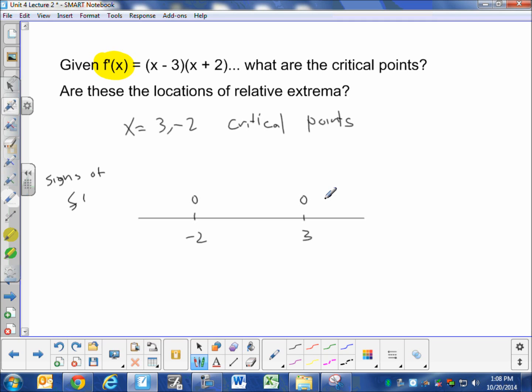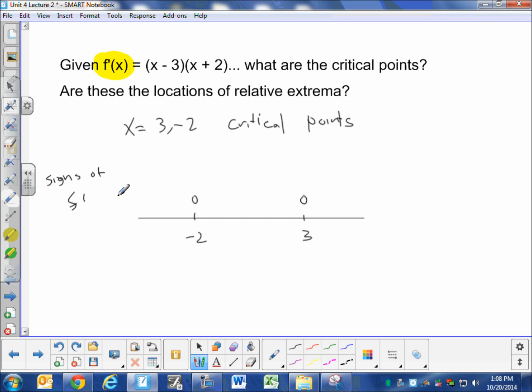All we need to do is test one point to the right of 3. We need to test one point between -2 and 3. And we need to test one point to the left of -2. And we will know the slopes of the tangents for all of those values in those intervals.